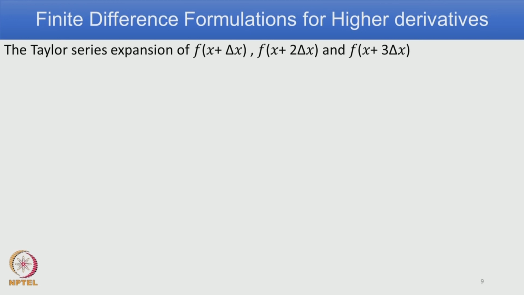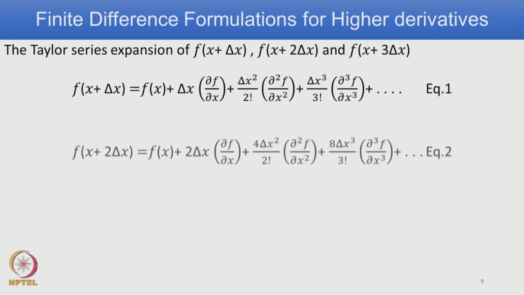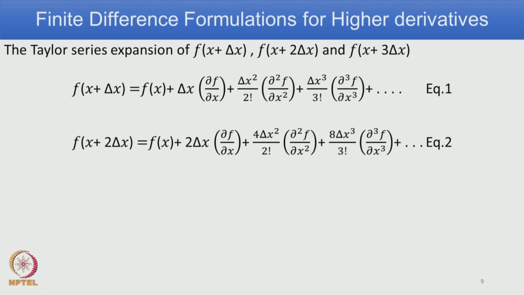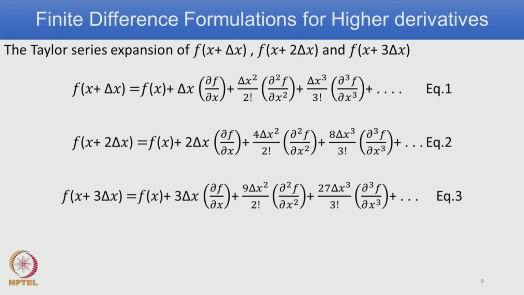We got the Taylor series expansion f of x plus delta x, f of x plus 2 delta x. Now, we do one more by considering one more point, that is x plus 3 delta x. So, all the three expressions are given here as equation 1, 2 and equation 3.